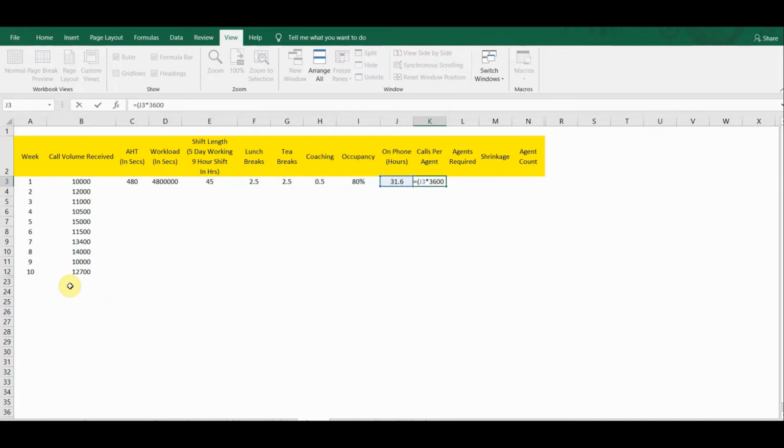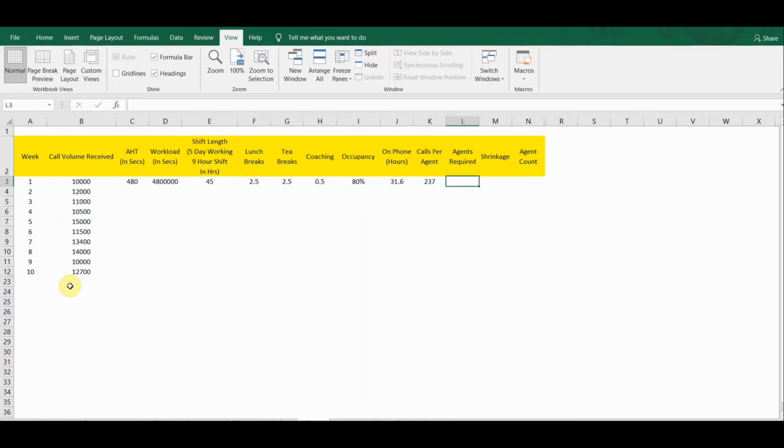So we multiply this by 3600, we get the seconds, and then we divide this by the average handle time, which is 480. This will give us the number of calls that each agent will be handling during the week. That is 237 calls per agent.